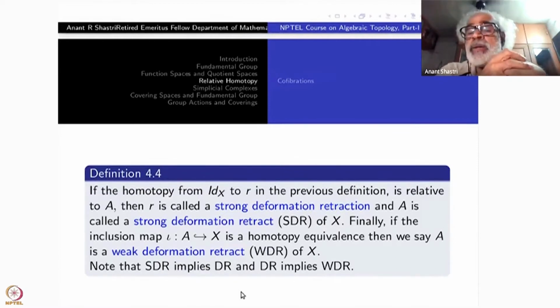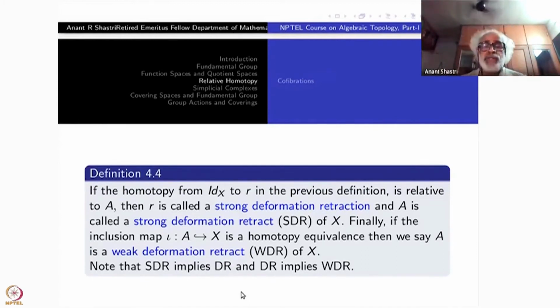That automatically tells you that the inclusion map is a homotopy equivalence. Its homotopy inverse is R. The weak deformation retract doesn't have an inverse which is a retraction. That's all. So it is some homotopy equivalence. Its homotopy inverse from X to A may not be a retraction.